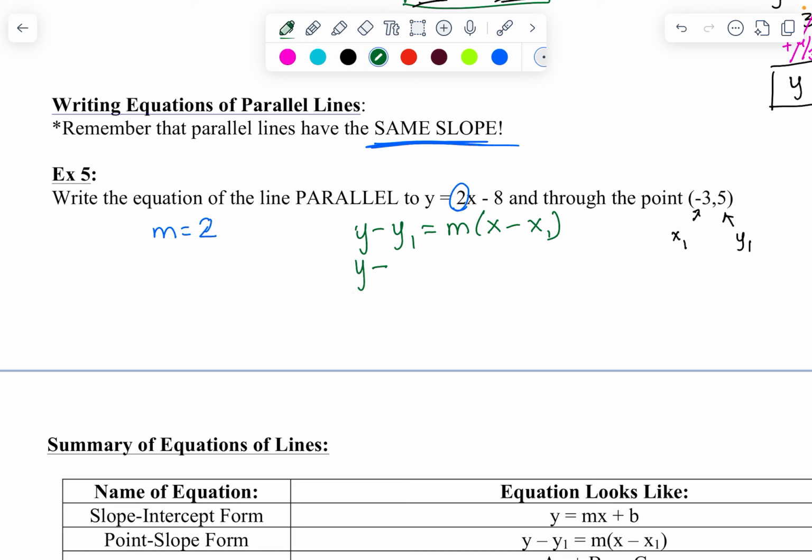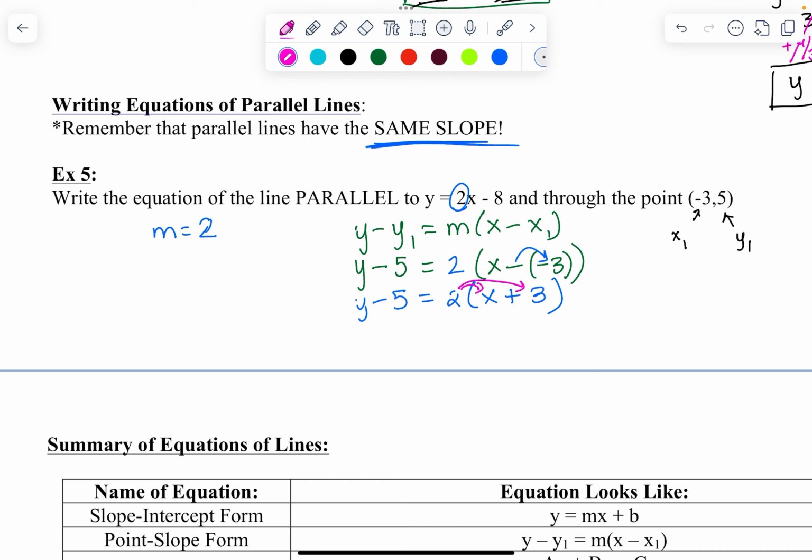Y minus y sub 1, which is 5, is equal to your slope, which is 2, times x minus x sub 1, which is a negative 3. See what I did there? Parentheses, apply the distributive property here. So now we're looking at y minus 5 is equal to 2 times x plus 3. Apply the distributive property again, and you get y minus 5 is equal to 2x plus 6.